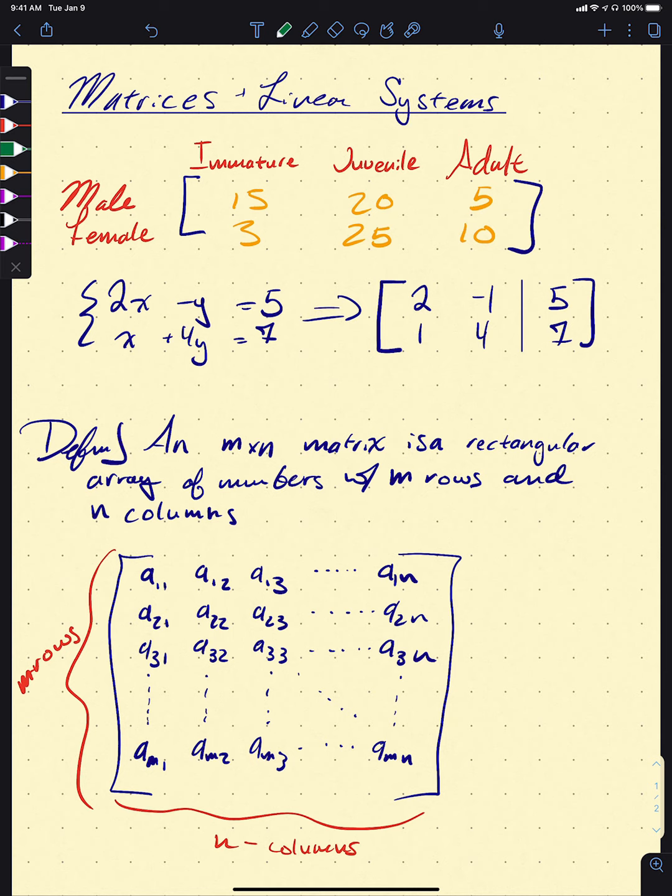We might write that as something like A sub ij, where i represents our row and j represents our column, okay?